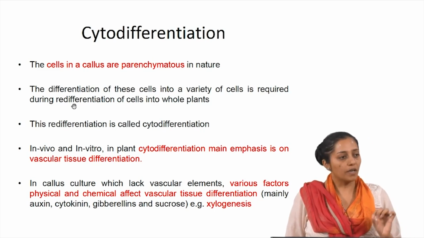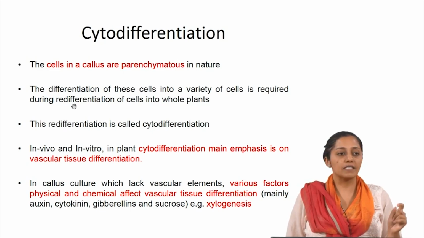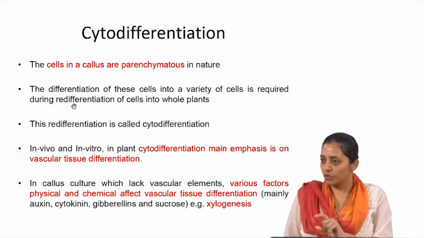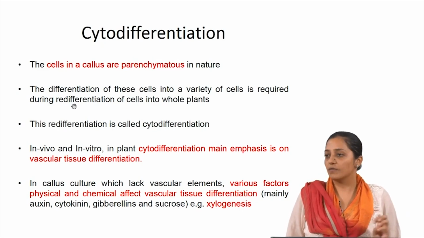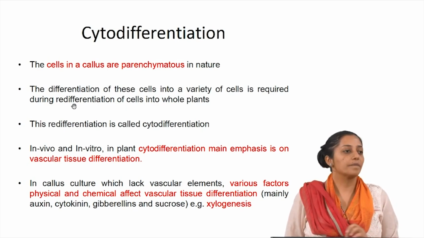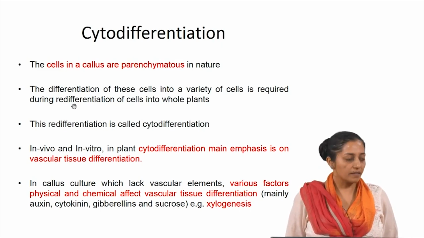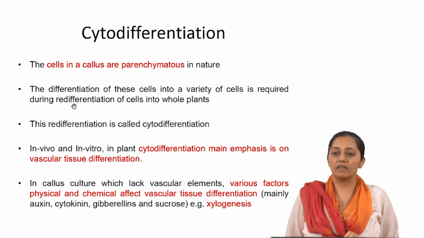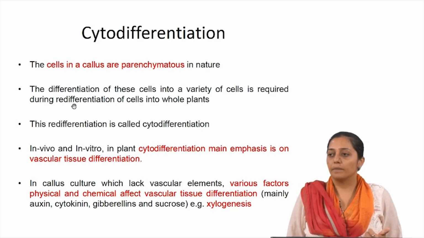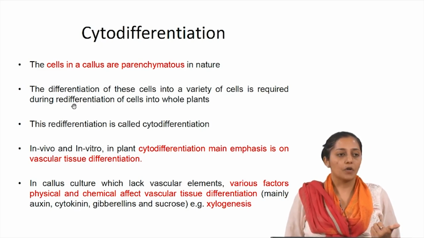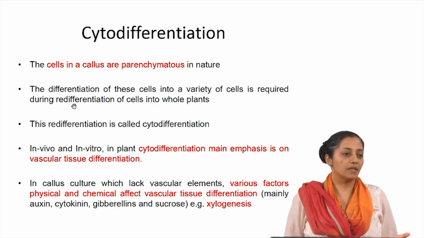In vivo or in vitro, in plant cytodifferentiation, the main emphasis is on forming vascular tissue, for example xylogenesis, forming phloem and xylem elements through their connections. Various chemical and physical factors are responsible for this kind of differentiation, for example auxins, cytokinins, a carbon source which is sucrose, or gibberellins.